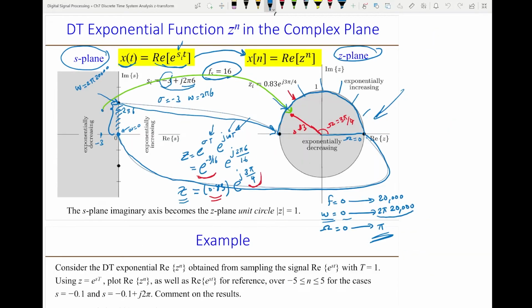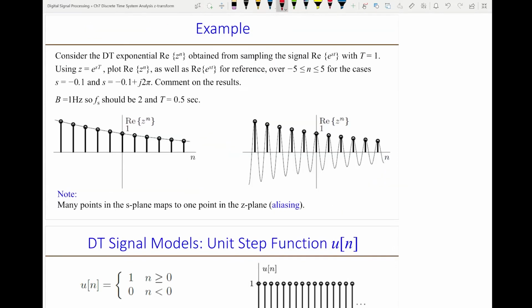Okay, let's now move to an example that shows the impact of aliasing. Consider the discrete time exponential, which is the real part of z^n, obtained from sampling the signal, which is the real part of e^(st), with a sampling interval T = 1.